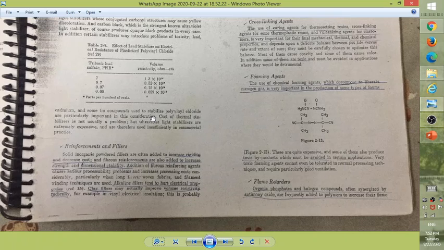Volume resistivity in ohms. So you can see here, the more lead sulfate you add, the higher its volume resistivity, and as you decrease it, its volume resistivity also goes on decreasing.